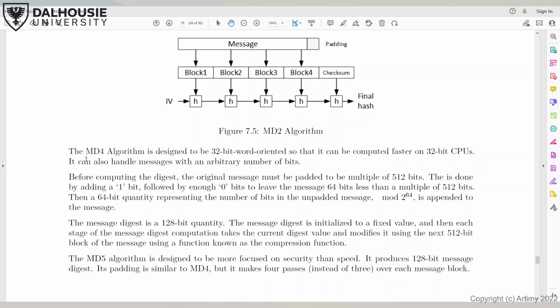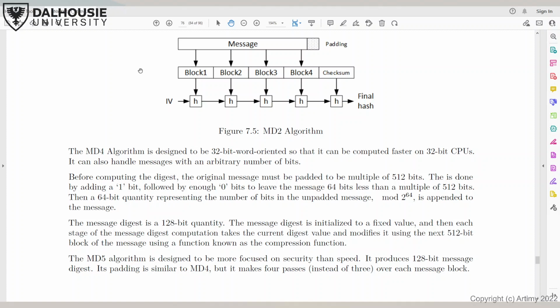All right, it generates the hash in a similar way, but we have a difference in the way we pad it. We need to make sure that the message is broken into multiples of 512 bits, not 128 like before, but 512 this time.